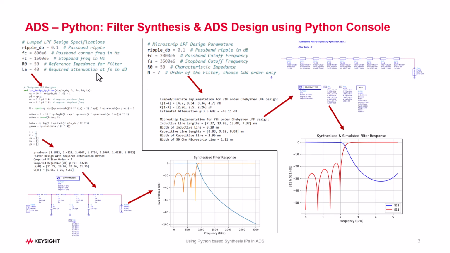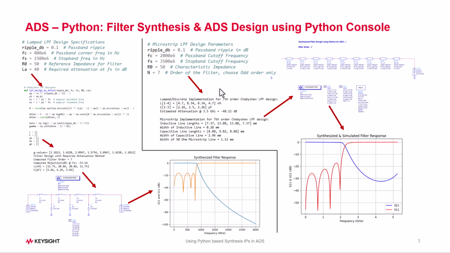In the first script, we will start with a given set of design specifications, walk through the entire process until we have the complete simulation result, and then compare where we started with what we have obtained with our synthesis code.